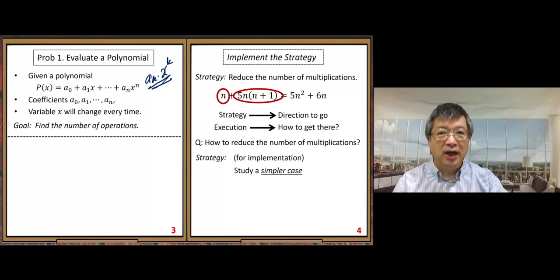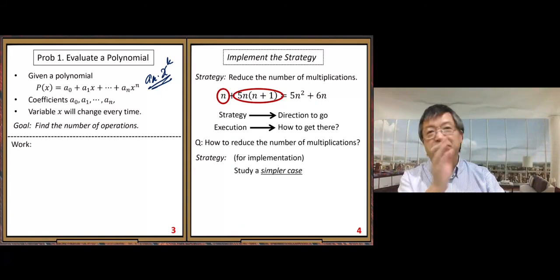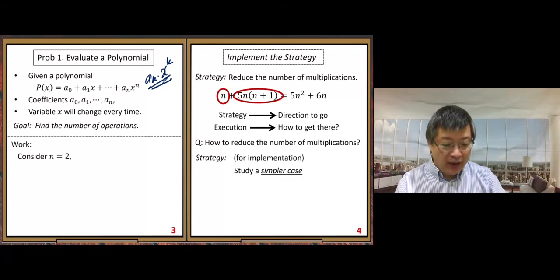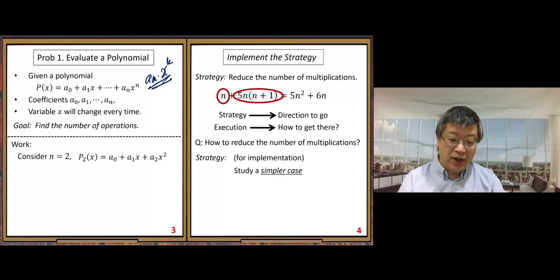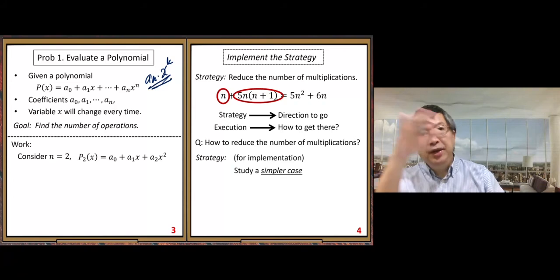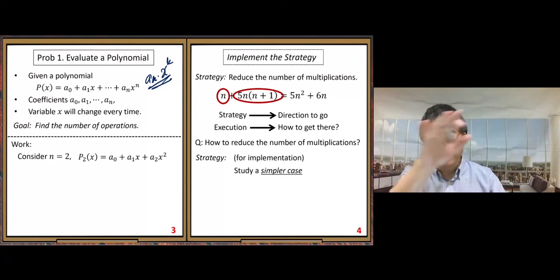All right, so let me show you the work here. Consider n equals 2. It's a simple case, but it's non-trivial, so there is some interesting thing we can find. So we start from this simple case. P2 of x equals 3 terms, this polynomial adding together.